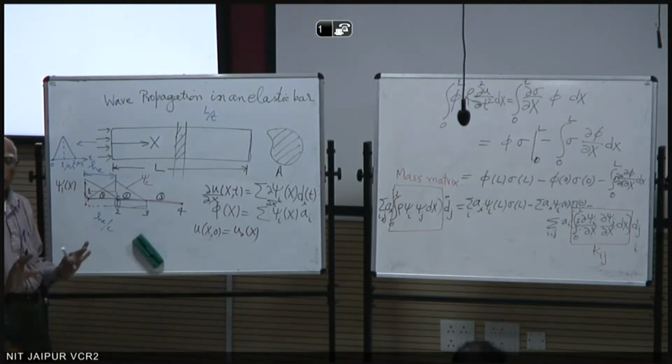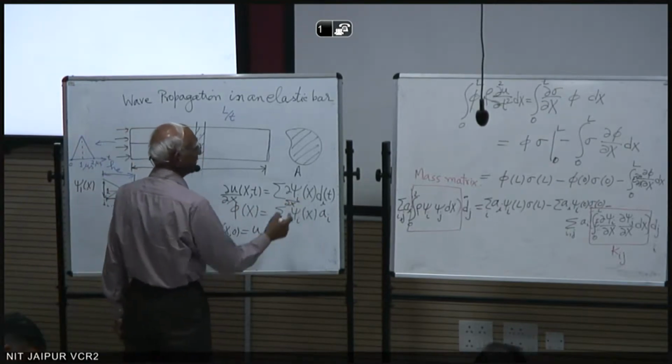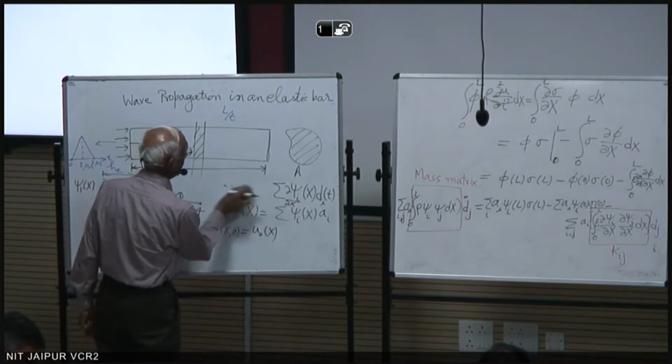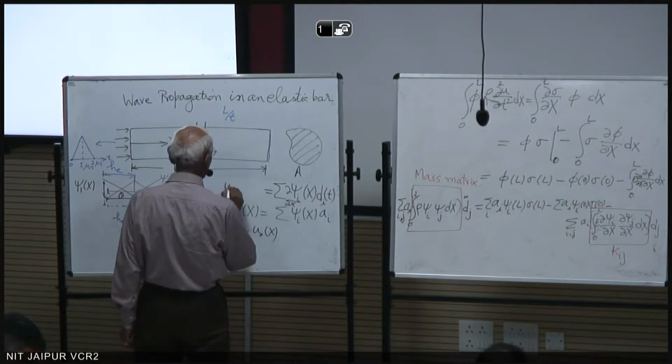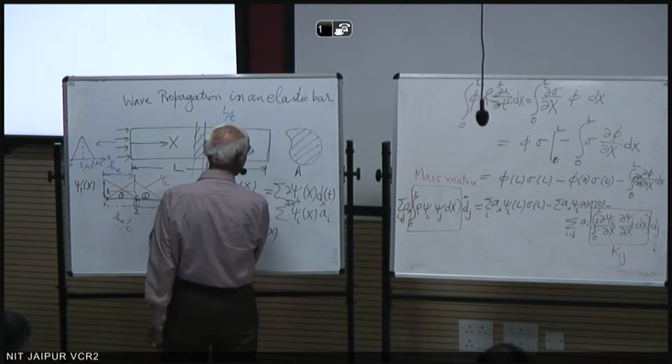Okay, this is supposed to be given to you. So if you first set time t equal to 0, what we have is U0 of x, and then this will become 0.